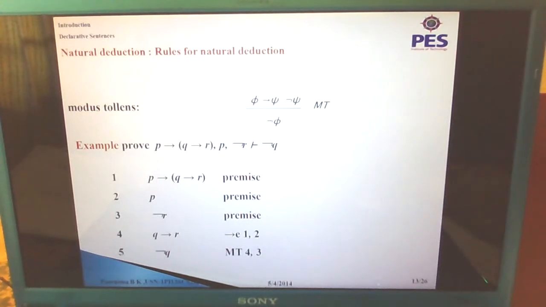Modus tollens is also one of the rules for eliminating an implication. Suppose we have the expressions p implies q and negation of q.